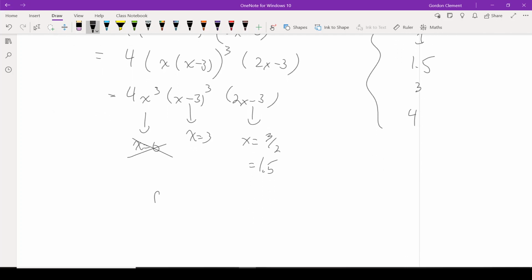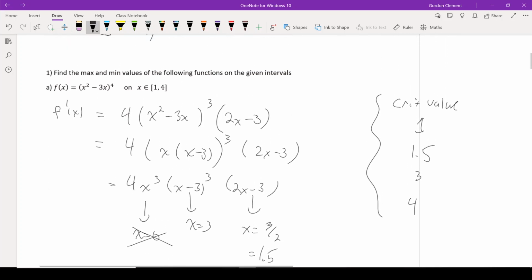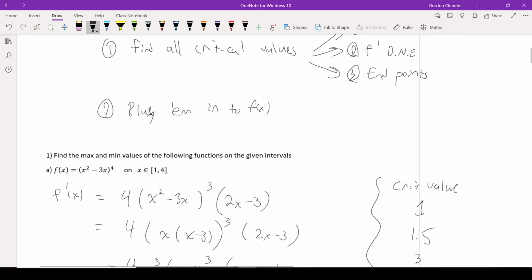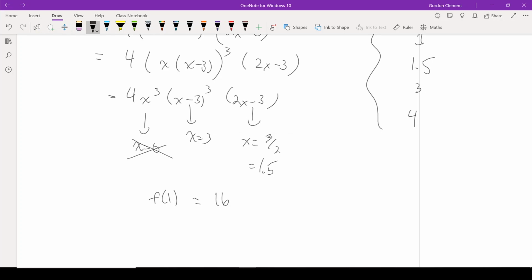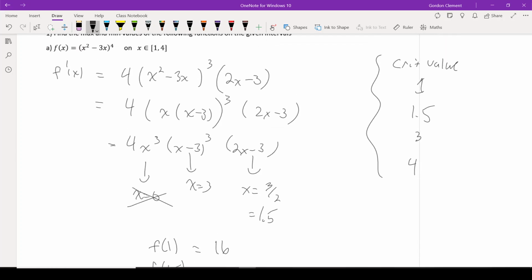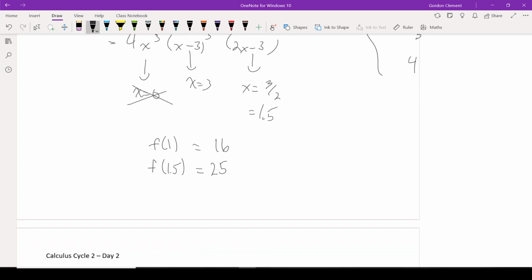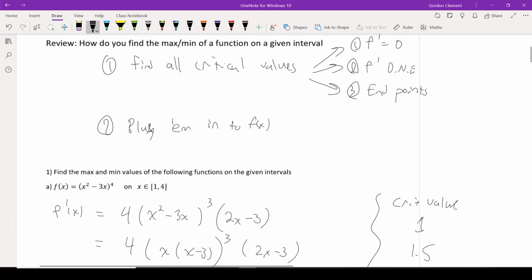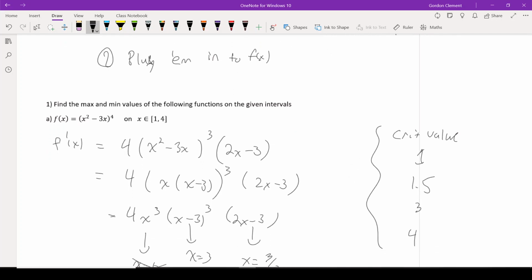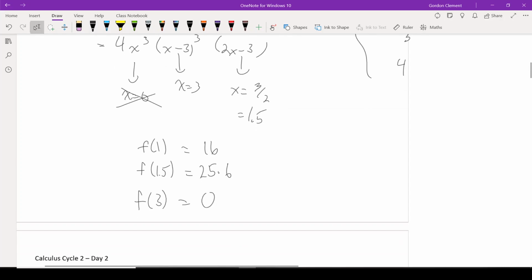So we're going to do f at 1, which is going to be 1 minus 3, so negative 2 to the power of 4, which is positive 16. f at 1.5, I'm actually going to plug into my calculator. I get 25.6 there. f at 3, let's see, you're going to get 9 minus 9 on the inside, so that's going to be 0 to the power of 4.